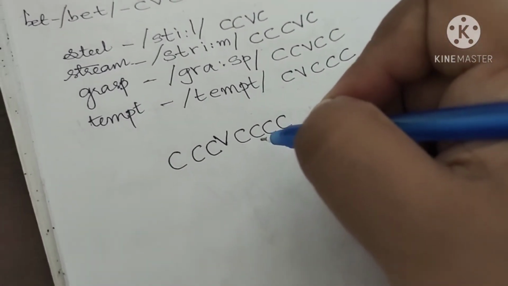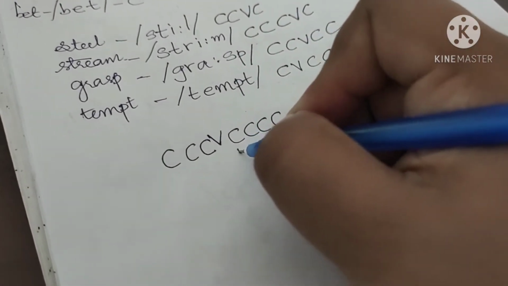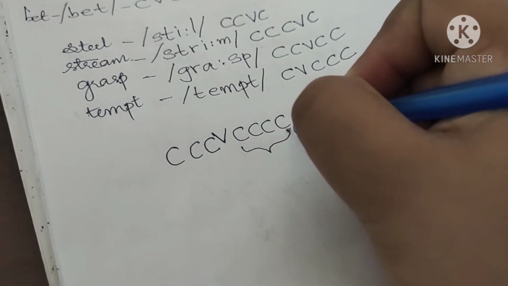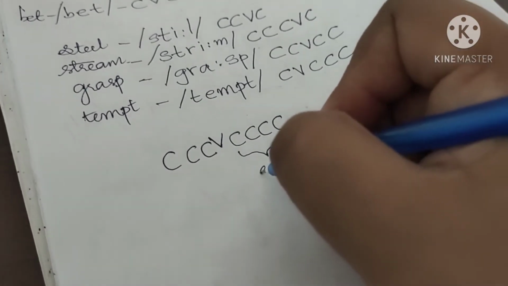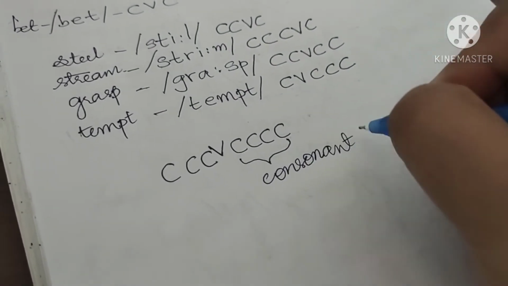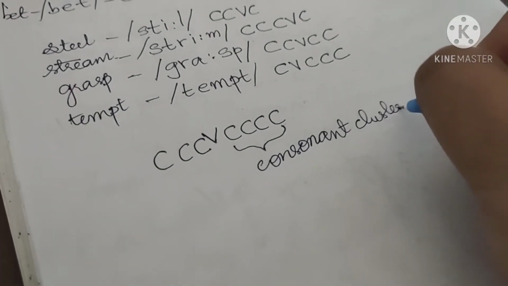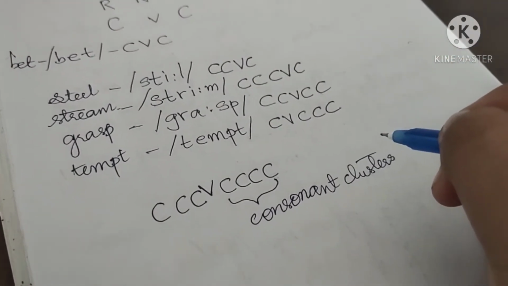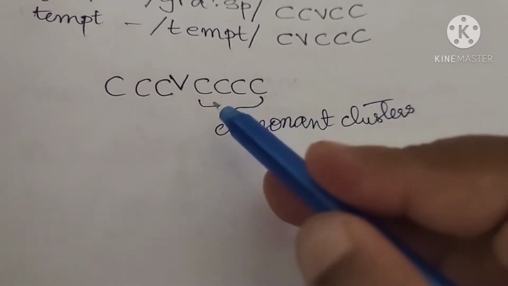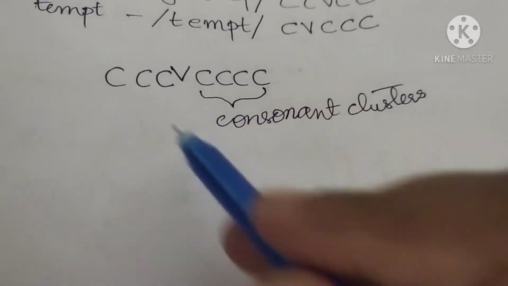As we study these consonants that come together, as releasing consonants or arresting consonants, the consonants that come together are consonant clusters. A consonant cluster is a sequence of 2 or more consonants occurring within the same syllable.